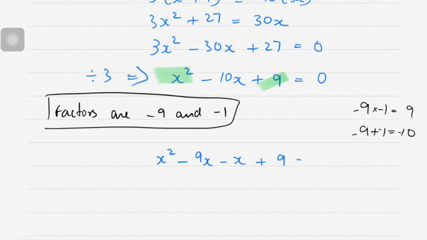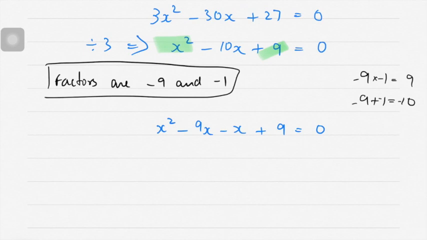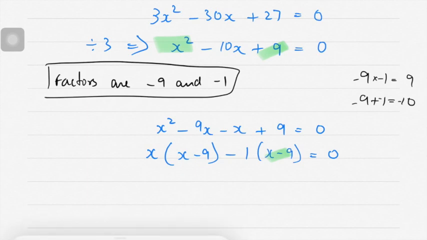So, my next step, x square minus 9x minus x plus 9 is equal to 0. Okay? So, I will take x out. What is remaining in the bracket? X minus 9 is remaining in the bracket. Okay? Minus, nothing is common. Right? So, take 1 out and x minus 9 is equal to 0.